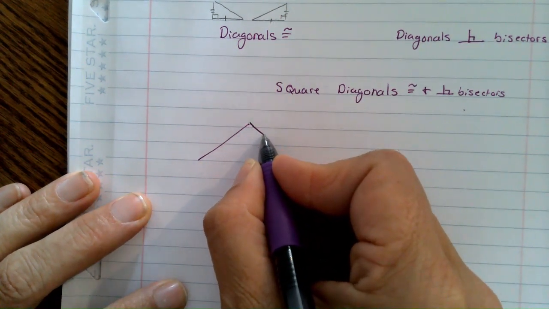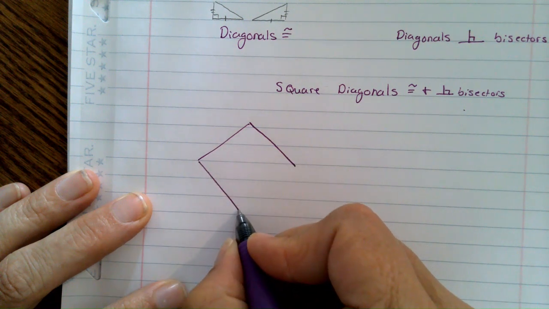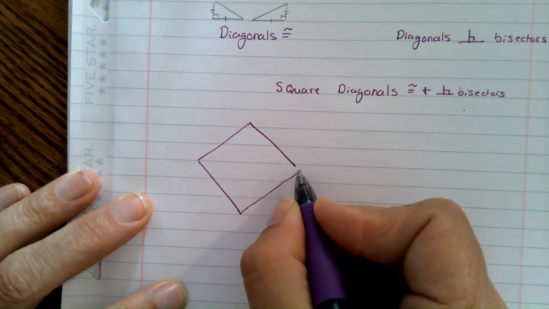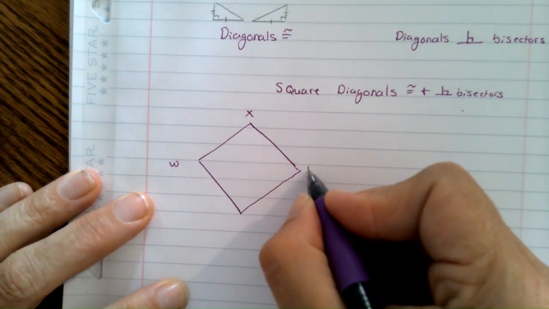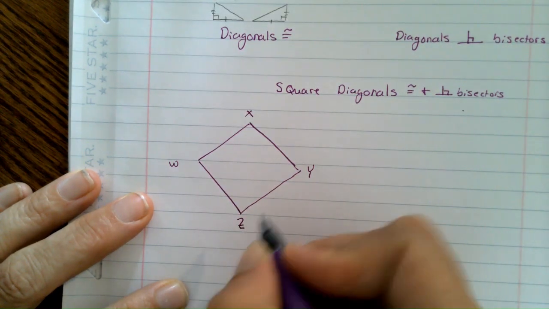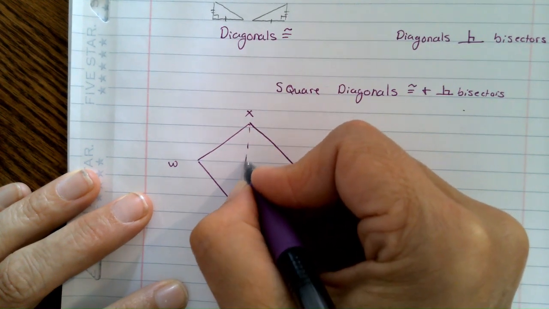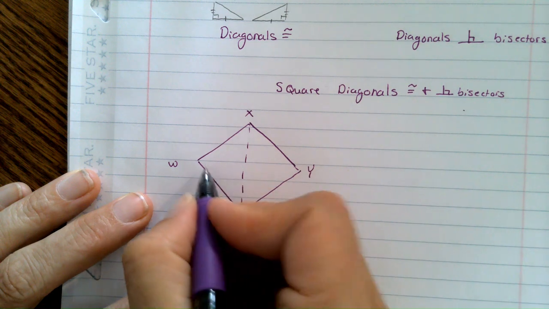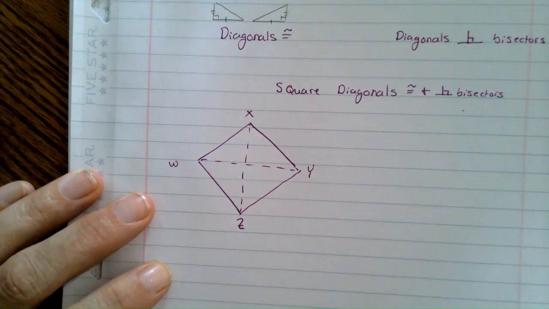Okay. So I'm going to draw a shape. W, X, Y, Z. Do not ever assume anything in the pictures because the book will tell you it's not drawn to scale.